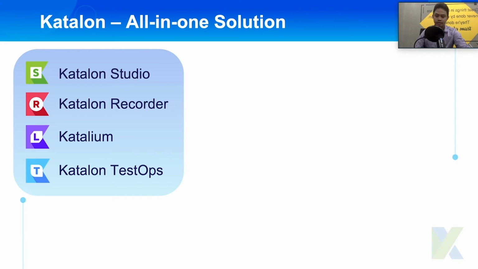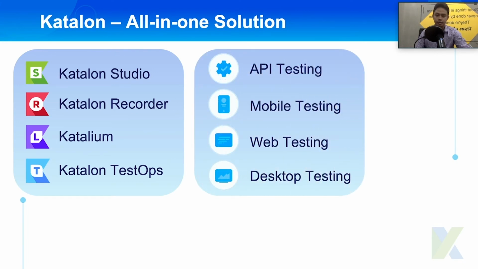We also have Katalon TestOps, which is a platform to control the continuous testing activity, and also to show you the reports and insights on the quality of your product and help you make decisions more easily. With Katalon, we aim to cover a full set of environments, not only web testing, we also have mobile testing, API testing, desktop testing, and we are also working on other environments that we will introduce to you next month.